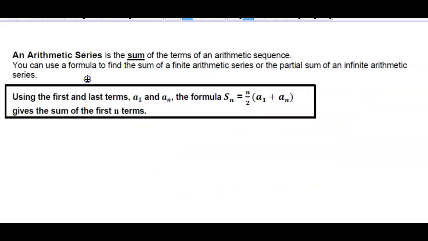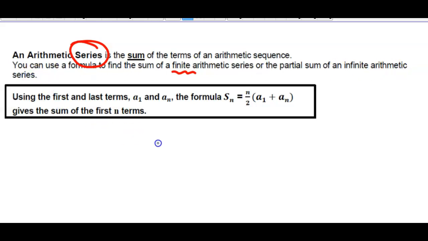A series. This is the whole point of the lesson today: an arithmetic series is the sum of the terms of an arithmetic sequence. You can find a formula to find the sum of a finite arithmetic series, meaning it doesn't go on forever, or the partial sum of an infinite geometric or arithmetic sequence.